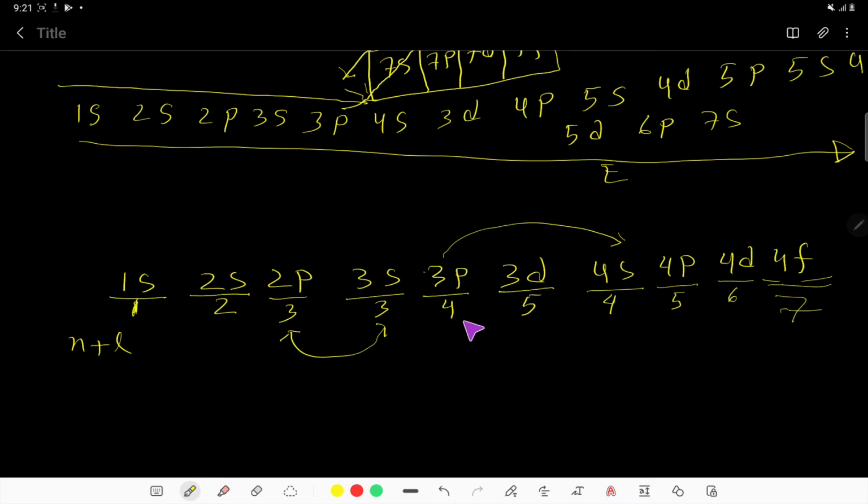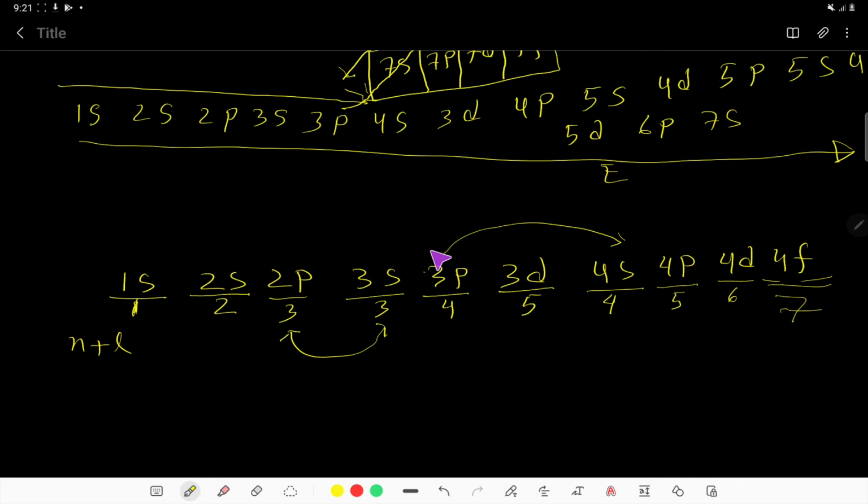Then after 3s electrons may enter 3p or 4s because the energy is the same. We are looking at the value of n plus l. So the electron may go here or here. So how to explain that? Now we're looking at the n value. The n value for 3p is lower, so the electron will enter 3p first.